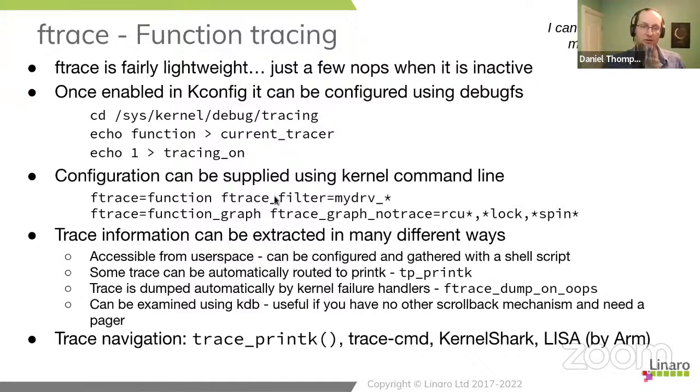We have the opposite. You can also do a block list. So here we've got a no trace command. It happens to be a slightly different filter, but it's a no trace command. And we're telling it we don't want to instrument RCU, locks, and spin locks. That's because when you're doing lock debugging, calling lock APIs is really important, and it's very important to understand what's going on.